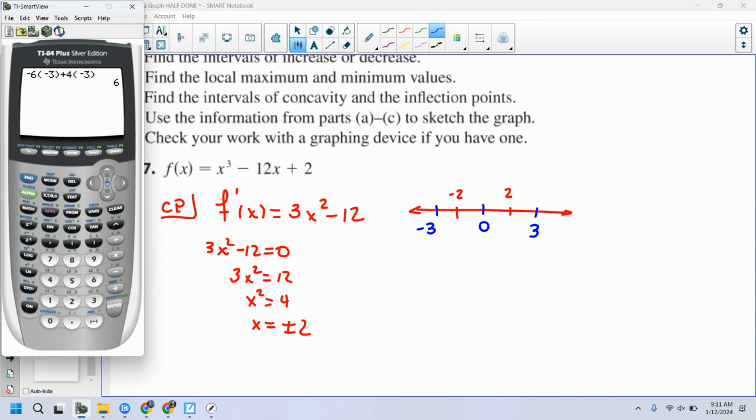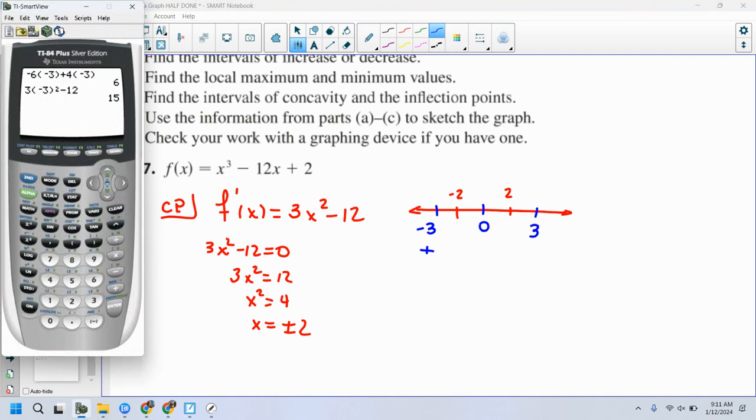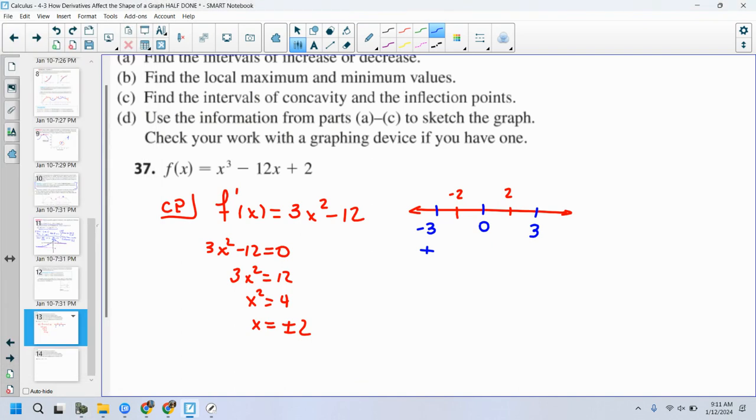So the derivative at -3, so that'd be 3 times -3 squared minus 12, which gets me a positive number. I'm just going to write a plus sign for a positive number. I don't care about the fact that it was 15. I care about the fact that it's positive 15. If I plug in 0 here, that's going to give me a -12.